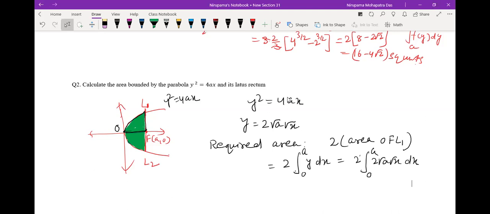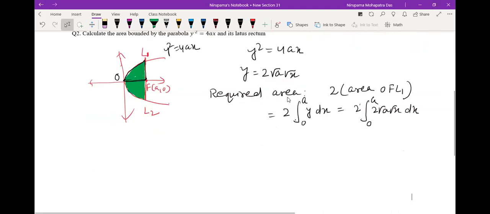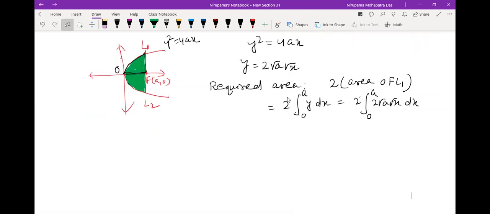So area equals 4 root a. Now the integral of root x is x to the power 3 by 2 divided by 3 by 2, with limit from 0 to a.